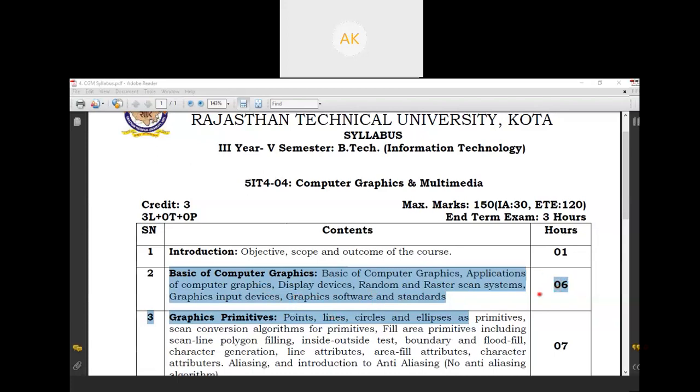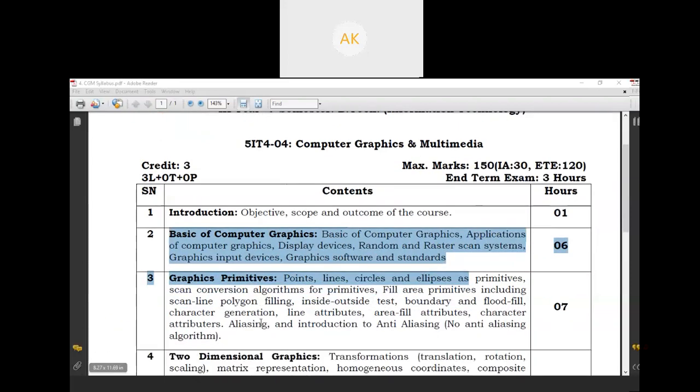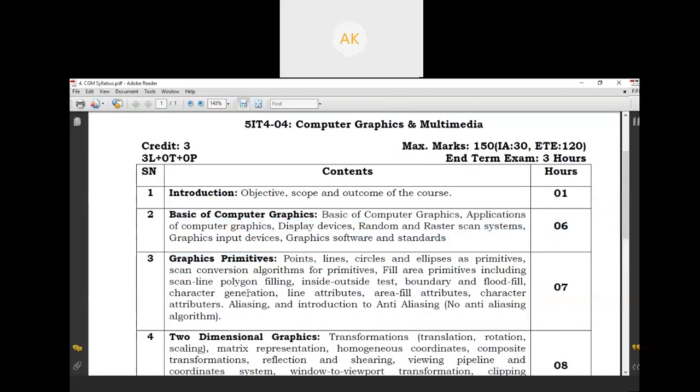The next unit, or unit two, we will discuss graphics primitives. There are a number of primitives like point, line, circle, polygon. These are the primitives.